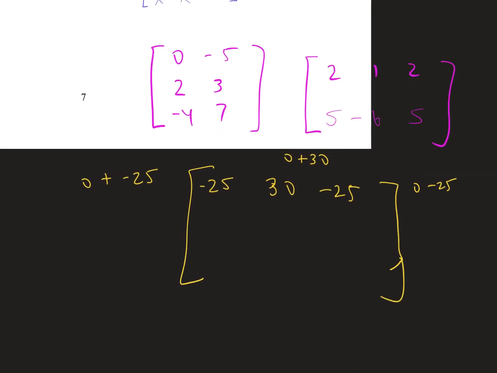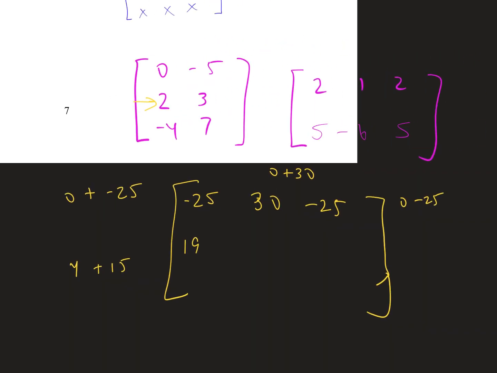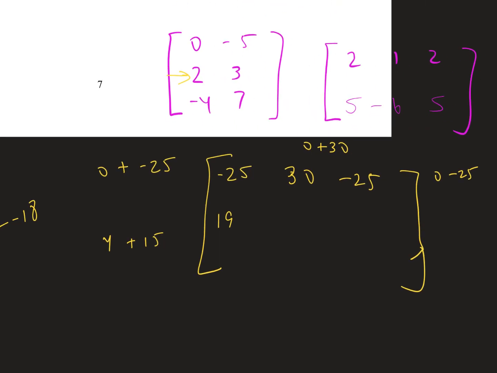So now second row. 2 times 2 is 4. 3 times 5 is 15. So 4 and 15 is 19. 2 times 1 is 2. And then 3 times negative 6 is negative 18. So negative 16. And then 2 times 2 is 4, and 3 times 5 is 15, so 19 again.